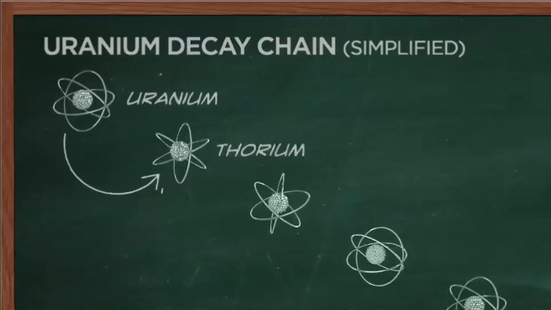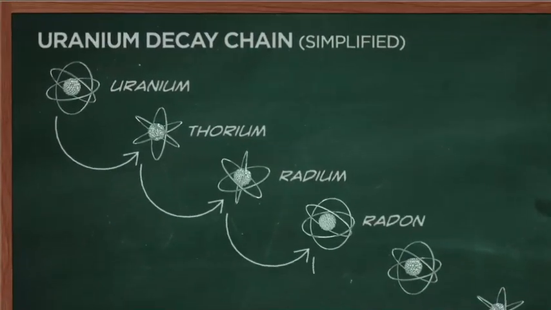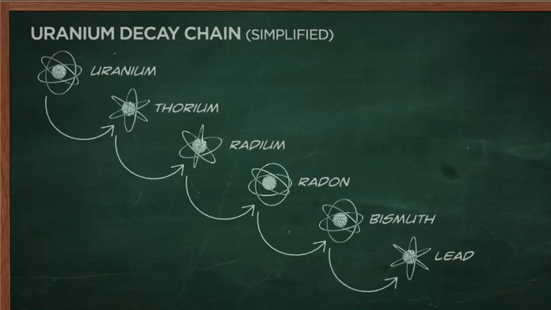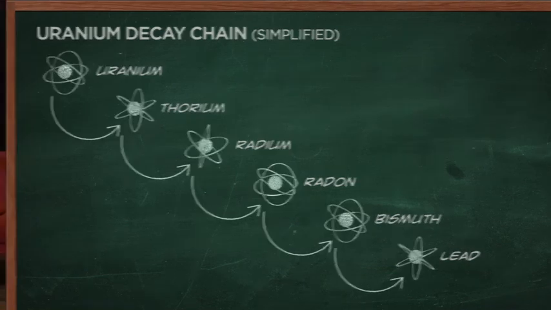It starts with uranium, goes through thorium, radium, then radon, bismuth, and then ultimately a stable lead. So an atom that starts as uranium finally ends up happy as a lead atom, but it sometimes takes quite a long time. As a result of this natural process, all of these radioactive atoms are now part of our natural environment.